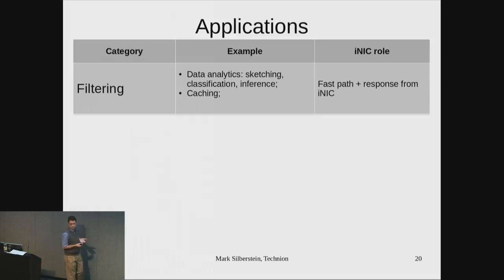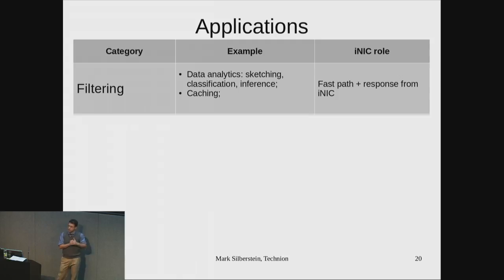So one thing that makes sense is filtering, right? What we can do here is transform the traffic coming in or going out in a way where you compress, or you drop a lot of the packets or traffic that comes in, and you do the fast path processing on the NIC.